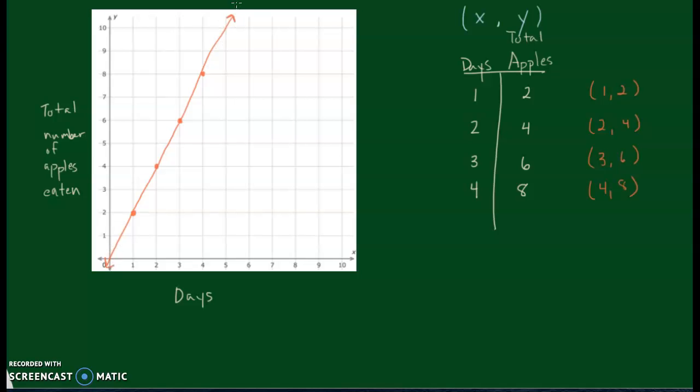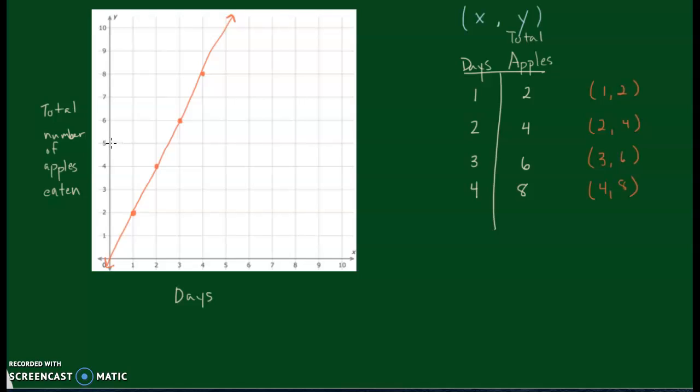Now we're going to think about some questions on this. So between what 2 days was the 5th apple eaten? To find that, we're going to come here to the y-axis because that's the total number of apples. And we can see 5 right here. Let me grab a different color for this.